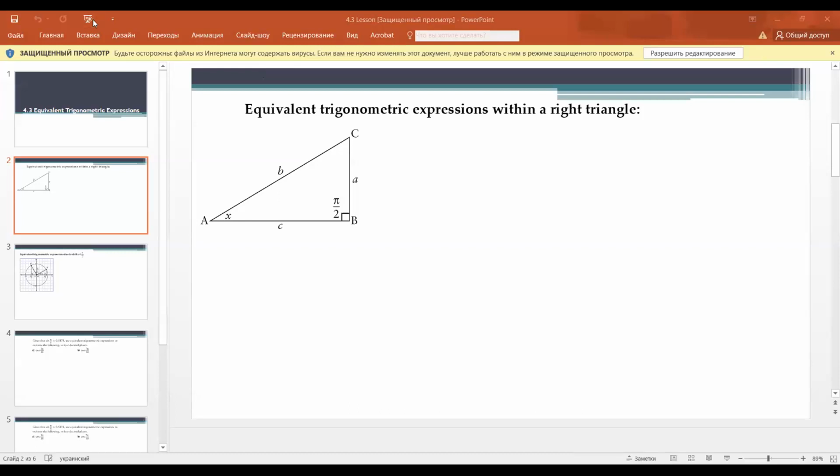And finally, let's see. Given that cosecant 2 pi over 7 equals 1 point something, use an equivalent trigonometric expression to determine secant. Okay.